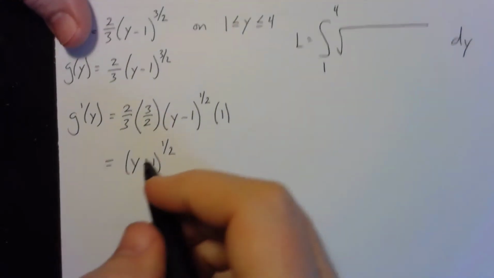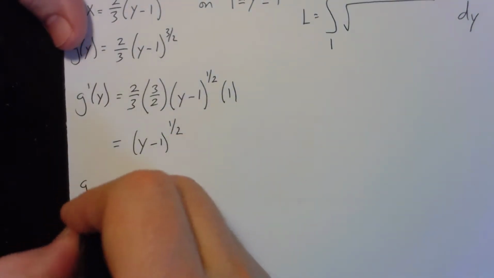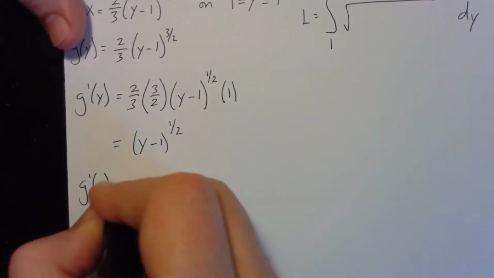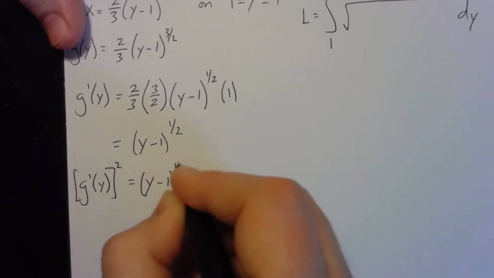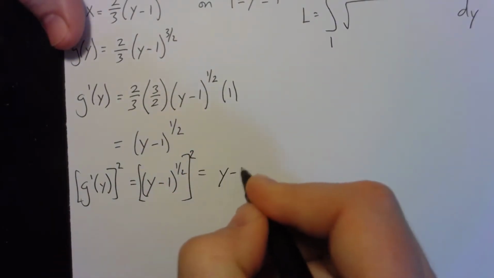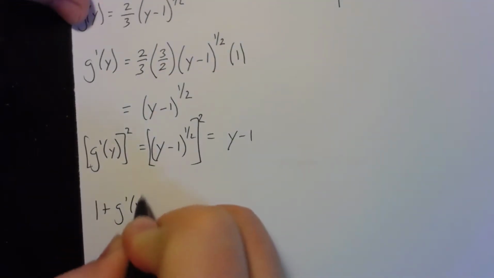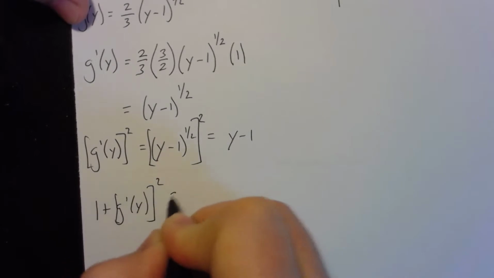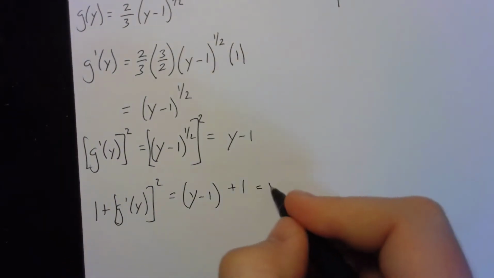At this point, I'm going to have to square this function. g prime of y squared is y minus 1 to the 1 half to the power of 2, which gives me y minus 1. And then I'll do 1 plus g prime of y squared, and that's going to give me y minus 1 plus 1, giving me just y.